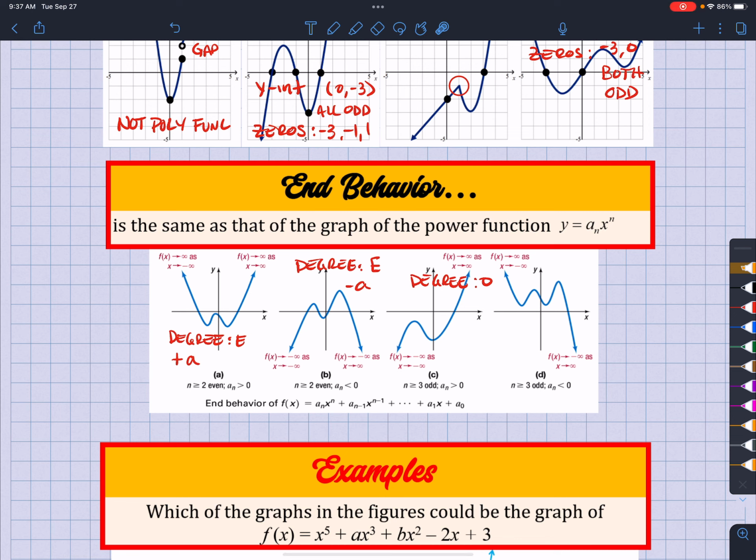This degree is odd, and a is positive. And since as x goes to positive infinity, y goes to negative infinity, and as x goes to negative infinity, y goes to positive infinity, then I know that this degree is odd, but it has a negative a.